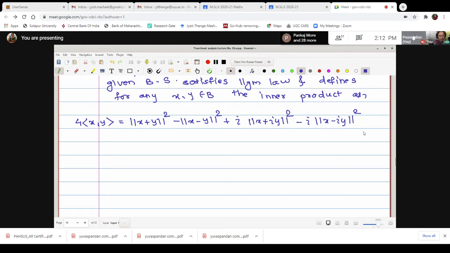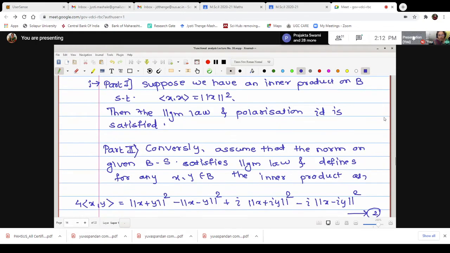Here I will call this number 2, and we have proved that it satisfies the parallelogram law. Shall I write the parallelogram law in short here? Norm square of x plus y plus norm square of x minus y is 2 times norm square of x plus 2 times norm square of y.